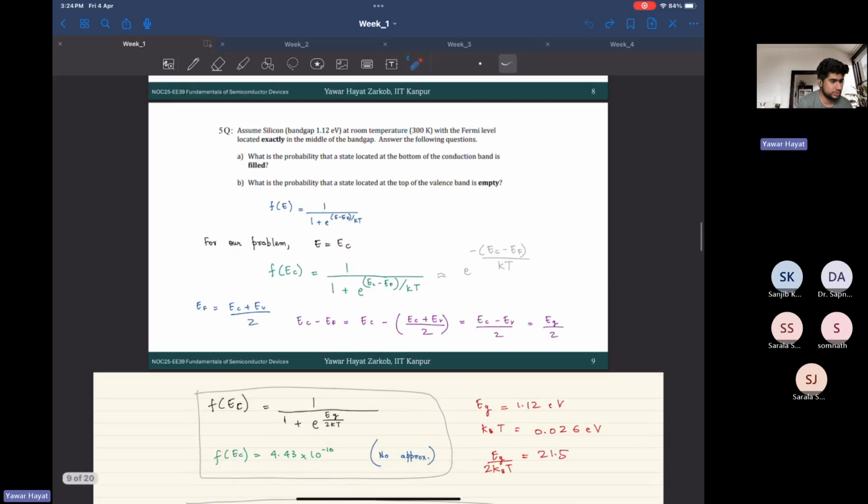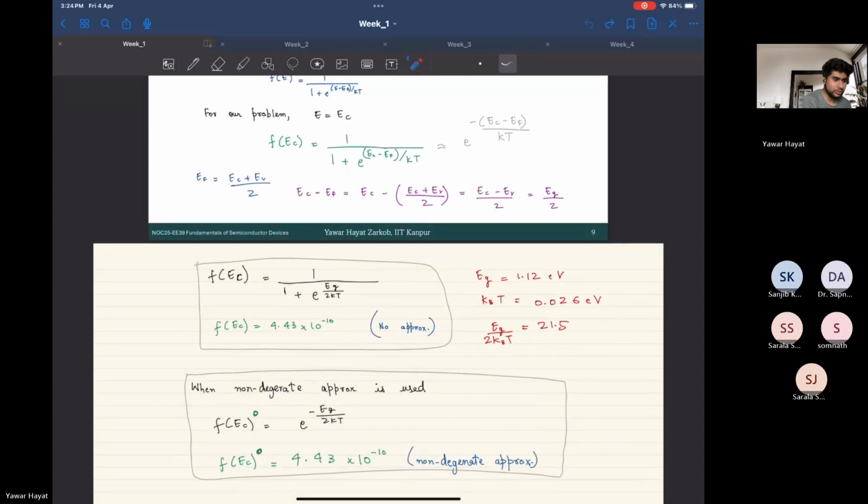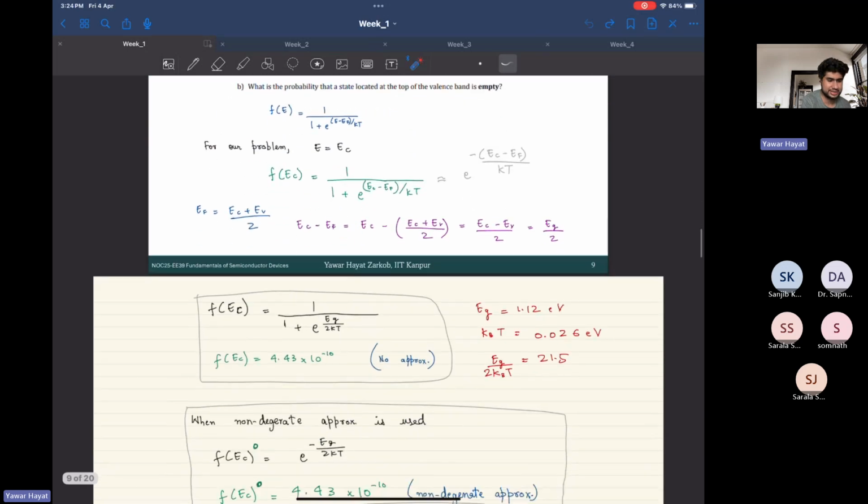Then we had to give a numerical approximate of this. So this is your f of EC. If I don't take the approximation, I only consider this and put in the values. I have been given 1.12 and room temperature, I don't need anything else. Since it's room temperature, my KBT would be 0.026 electron volt. If you compute the value of EG by 2KT, that would be 21.5.